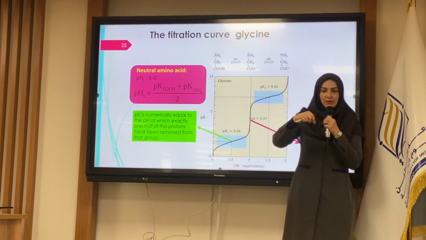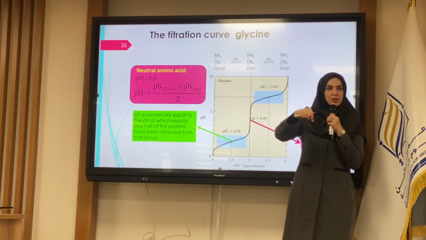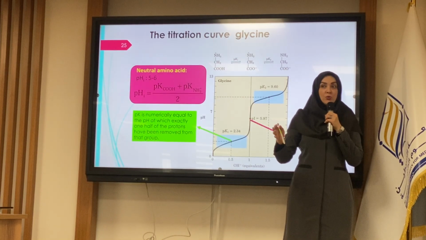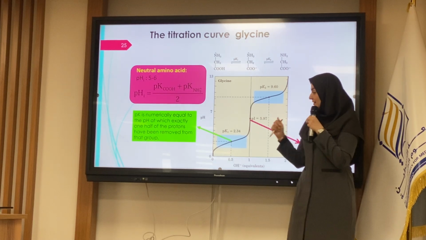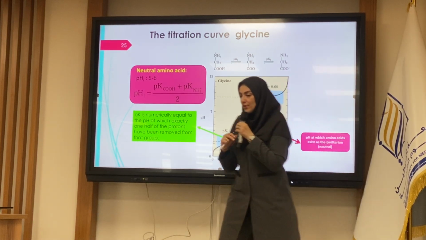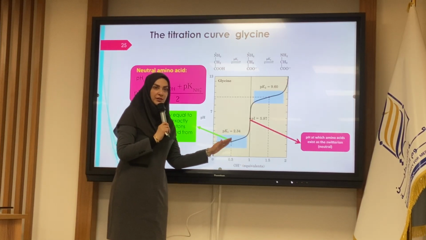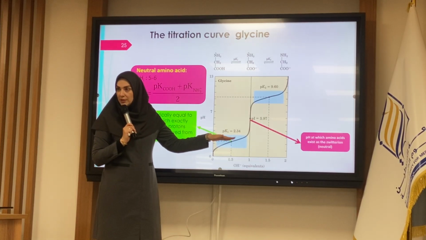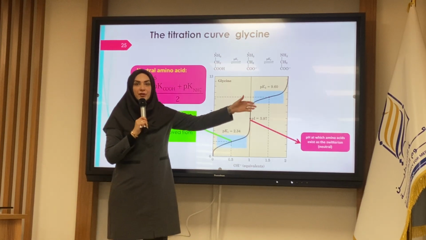You think that suddenly the pH changes, the color changes and disappears. The solution resists the pH change. As you can see here, the slope of your curve is very slow. This blue box is the buffering system.